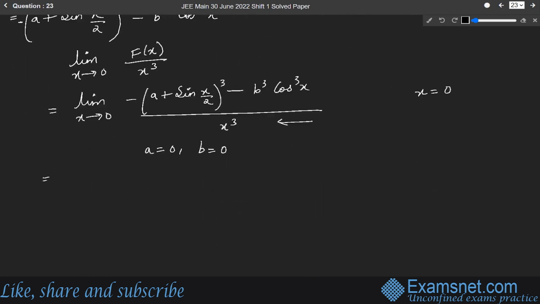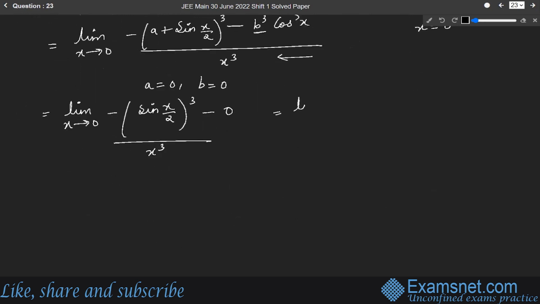So when a is equal to 0 and b is equal to 0, we have limit x tends to 0 minus of a. a is 0. So 0 plus sine x by 2 is sine x by 2, cube, minus b cube. You know that b is 0, so 0 into cos cube x will be 0, divided by x cube.